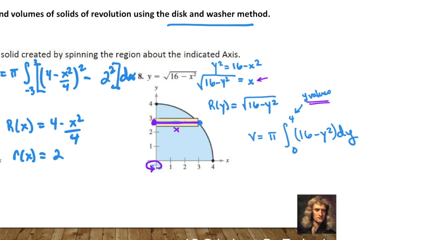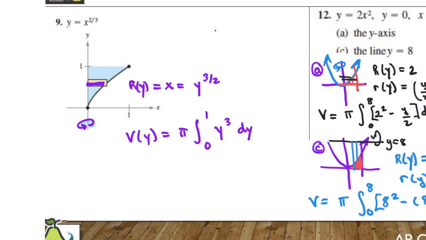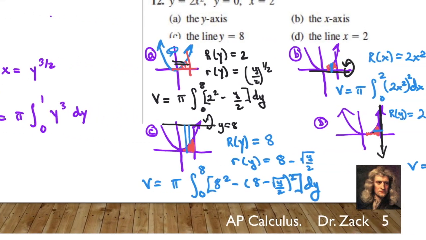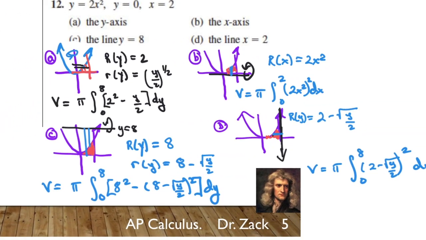Number 12 is actually 4 different questions. So give the next set of problems a try and then check through your answers. Okay, so as you check each one of your problems, make certain you have drawn your radius from the axis of revolution to the outer edge. As you draw the radius, that should indicate whether you have x's or y's being used, as well as if you have a hollow piece which needs to be subtracted.